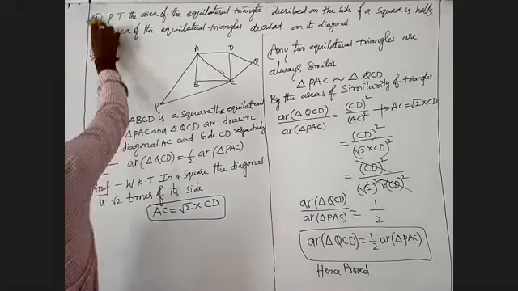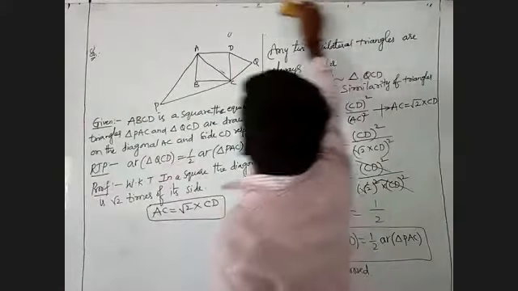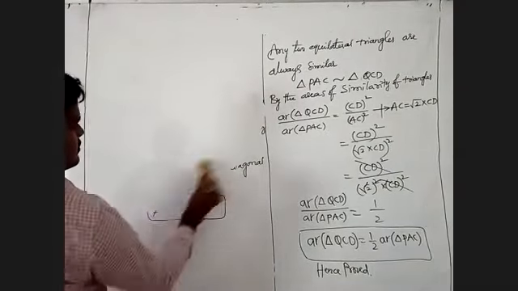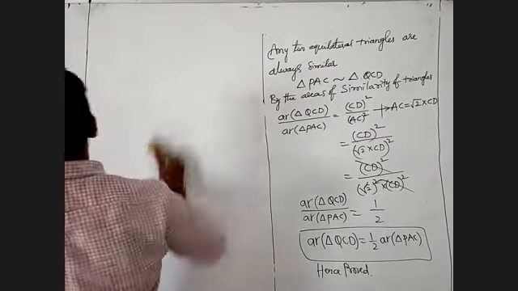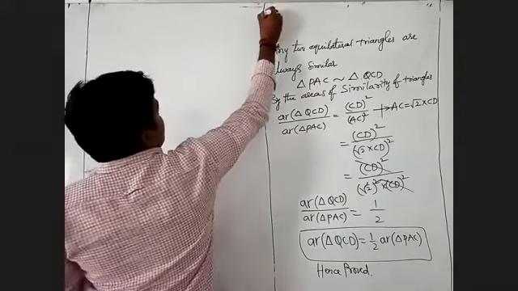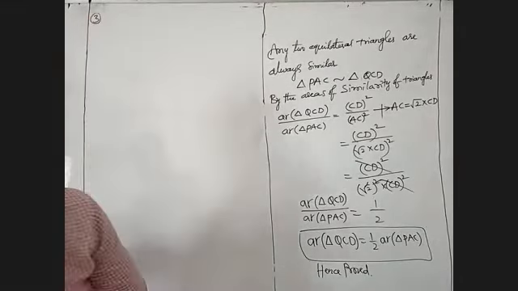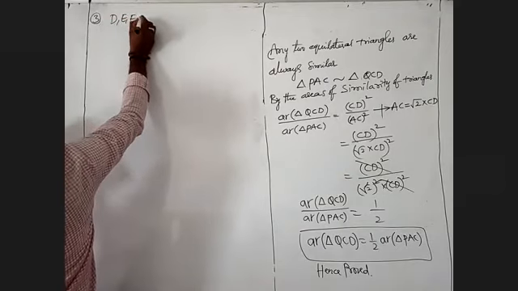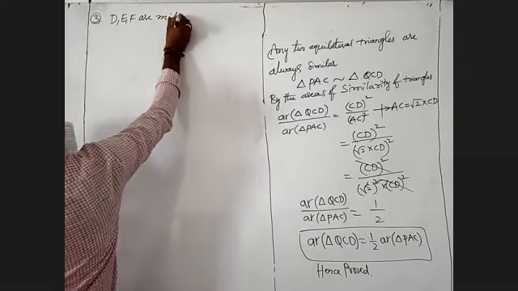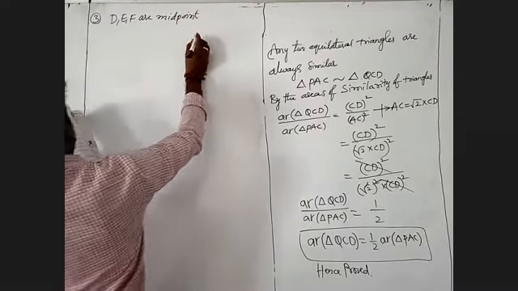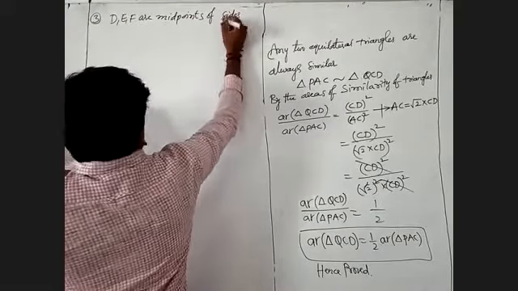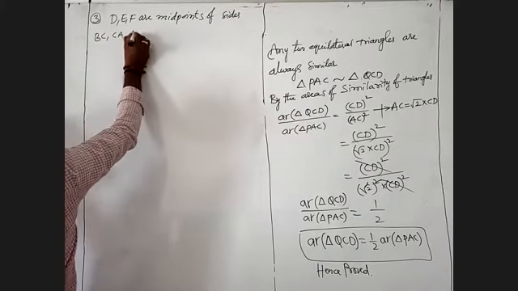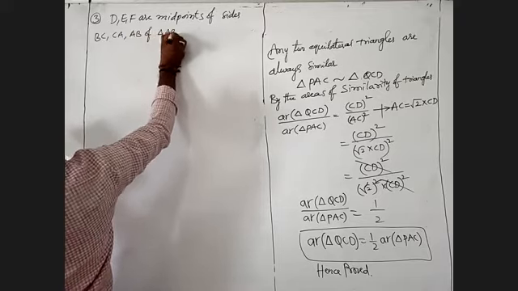I am going to the next one. D, E, F are midpoints of sides BC, CA, AB of triangle ABC.